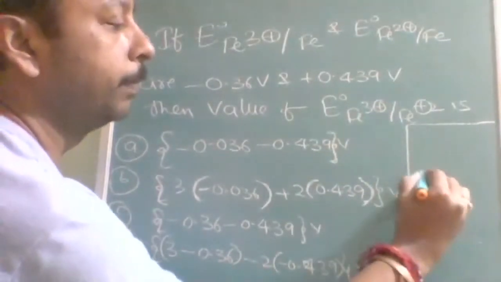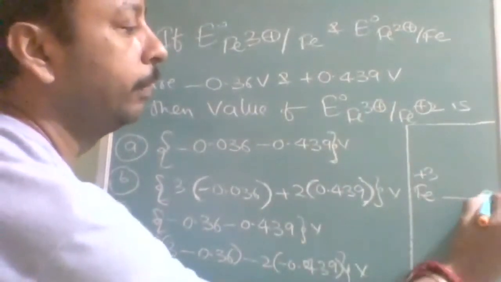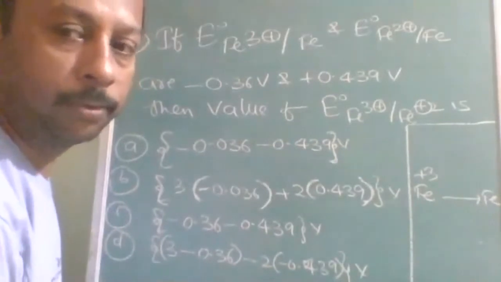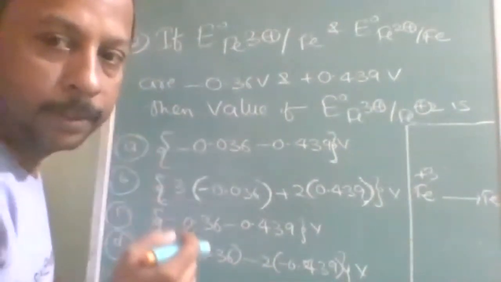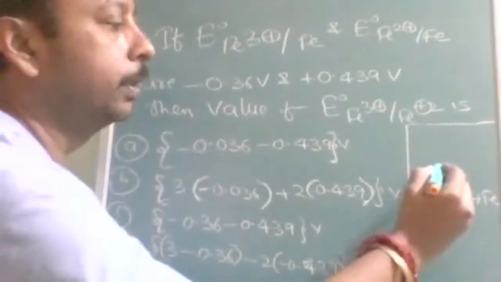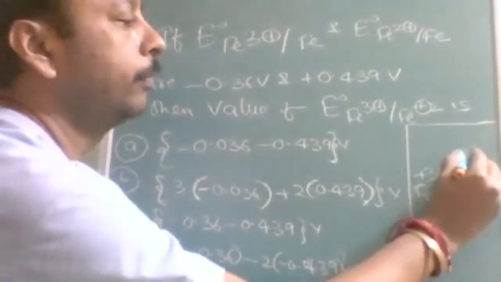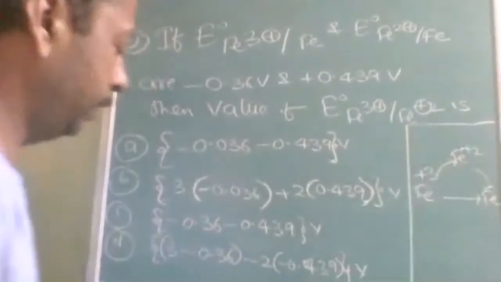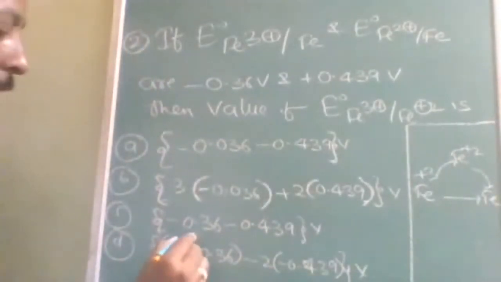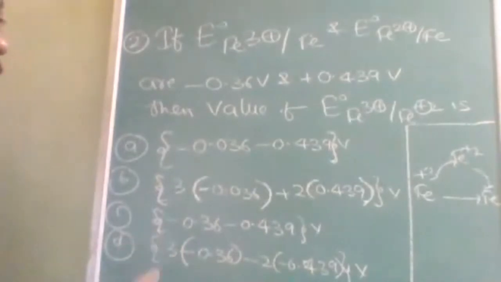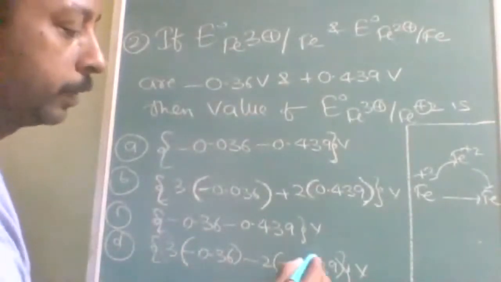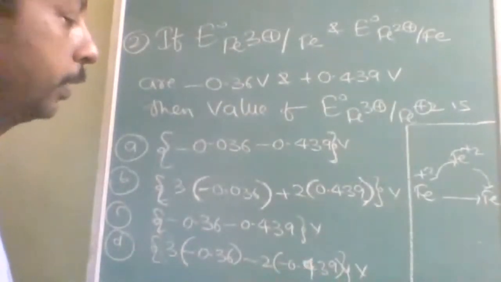So Fe3 plus to Fe we have to reach, and we will reach through Fe2 plus and Fe. Is it understood? Actually, this must be minus, multiplied it will be. Let us see whether it is correct or a print mistake or what. Let us check.